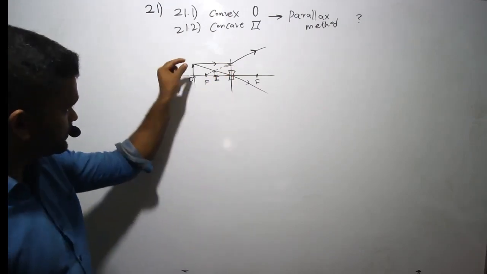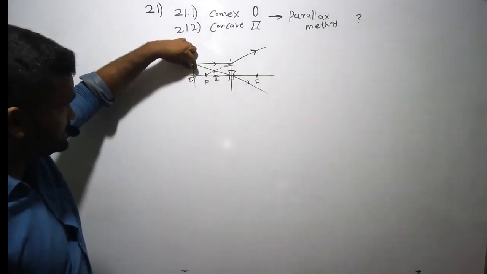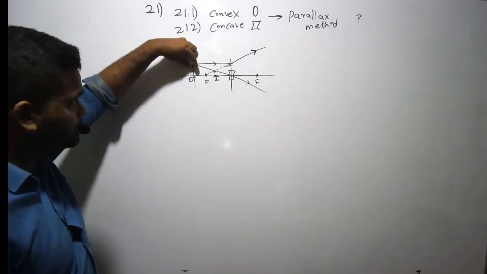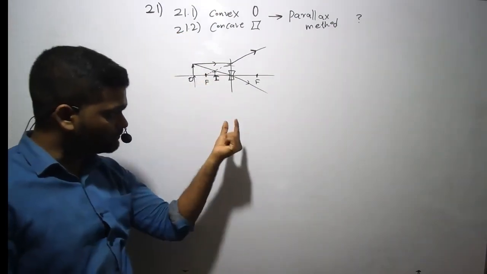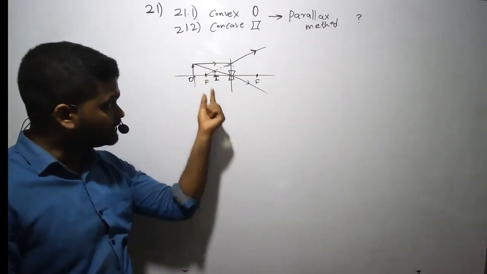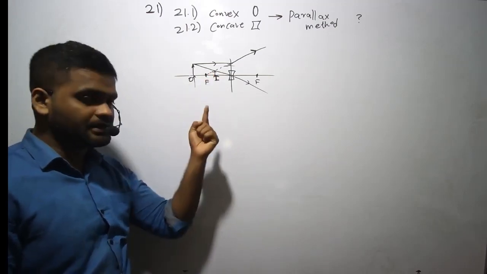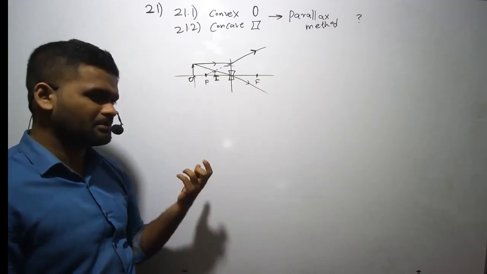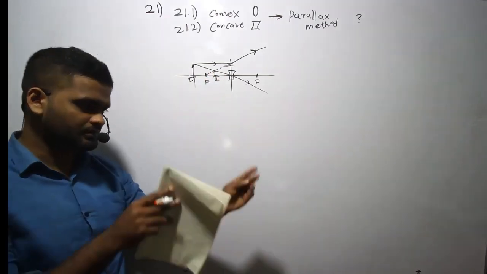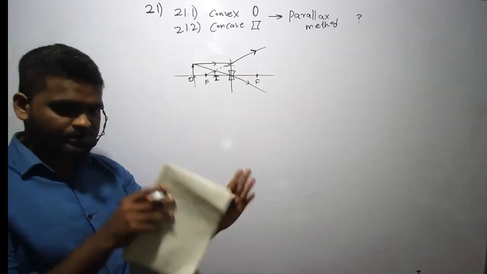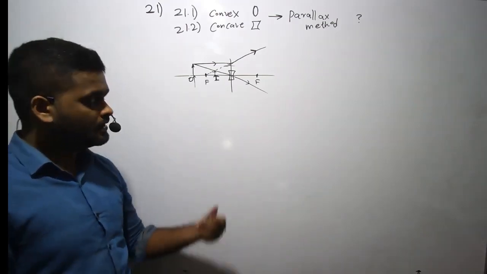For this one, you can use a thicker object pin. Then you will see the image of both the object pin and the optical pin through the lens. But using the parallax method is going to be very hard in that case.